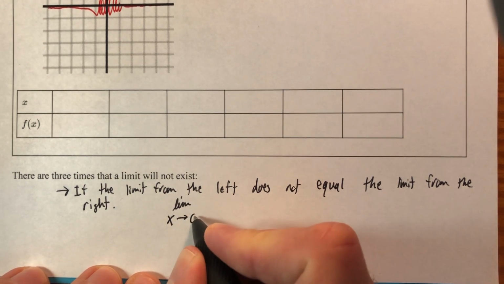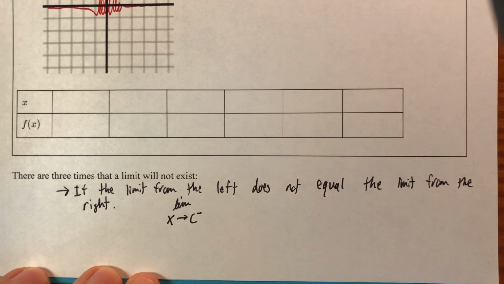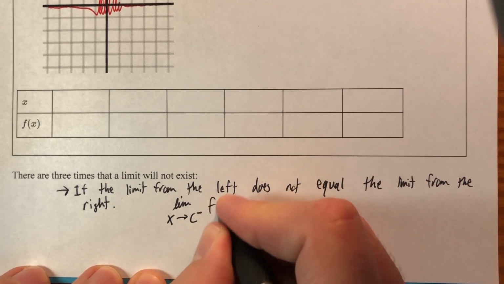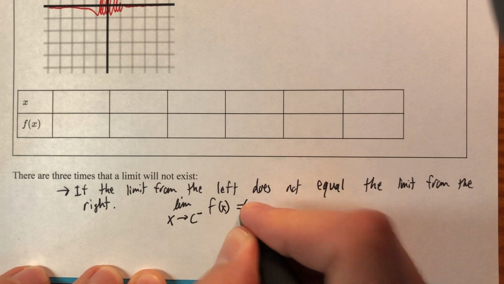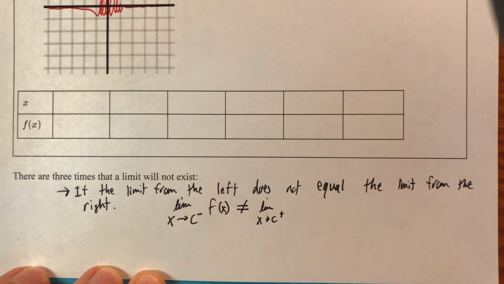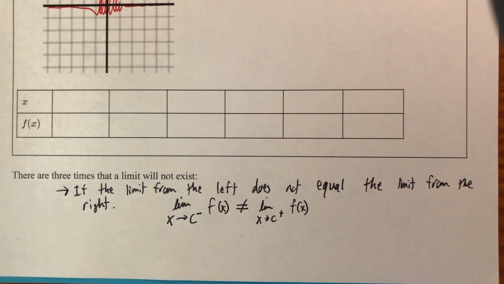The limit as we approach c from the left, it looks like an exponent. Notice it's not in the front, it's at the end, and it's up and kind of floating, of our function, does not equal the limit as x approaches c from the right of our function. That's time number one, that a limit will not exist.